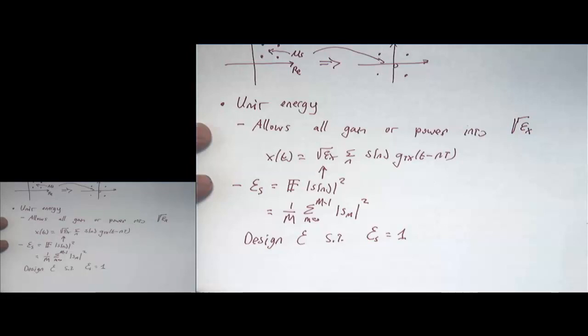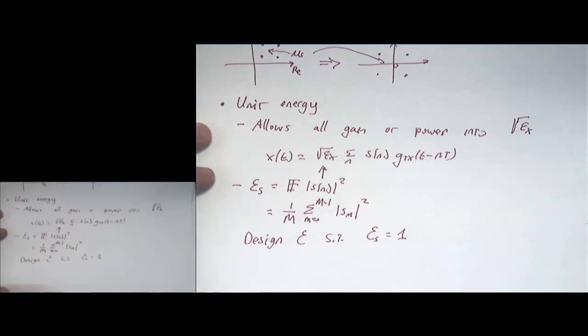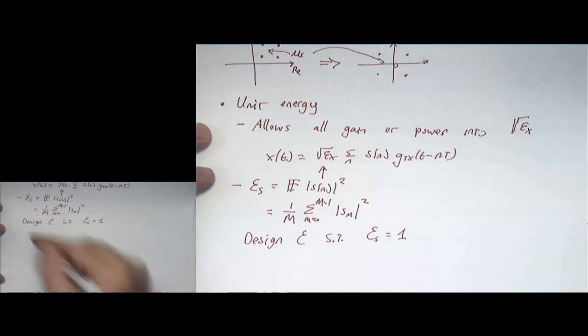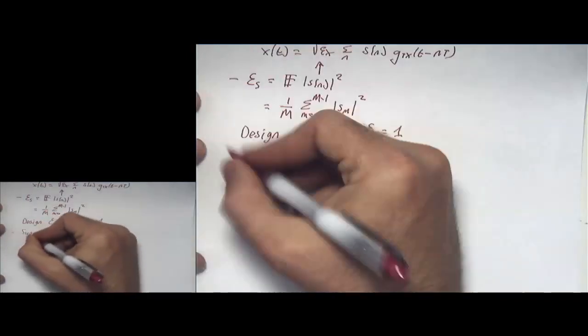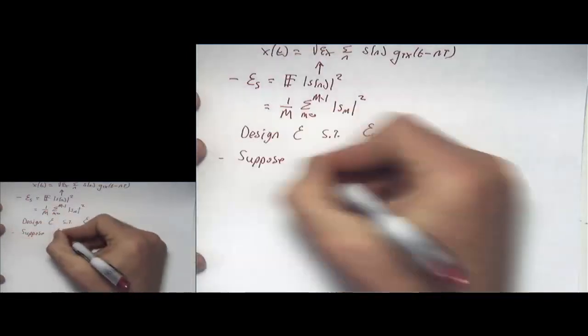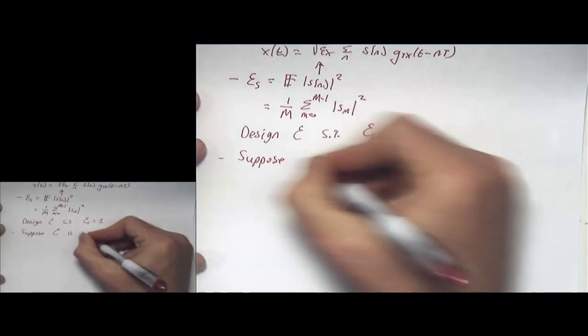So if you don't have a unit energy constellation, then you need to take one that you're given and modify it, essentially rescaling it here. So suppose you have some constellation C that is already 0 mean.